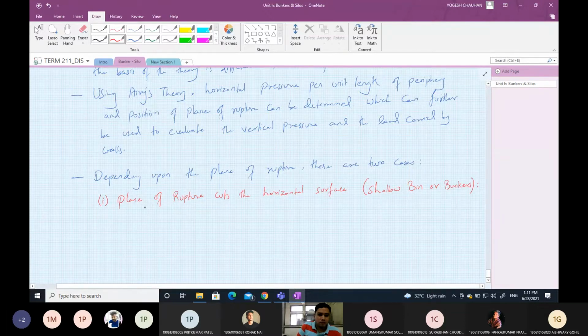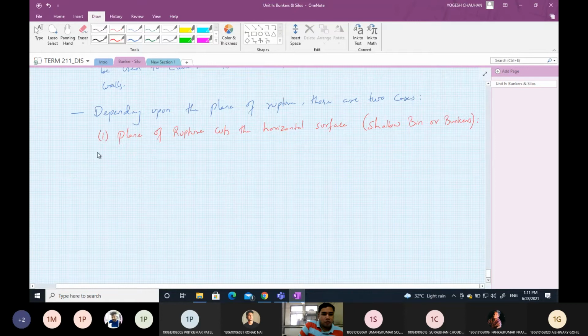Okay, so let us first derive the expression for the horizontal pressure in case of when the plane of rupture cuts the horizontal surface. Second case is plane of rupture cuts the opposite vertical wall.